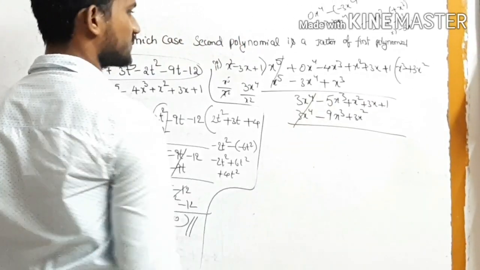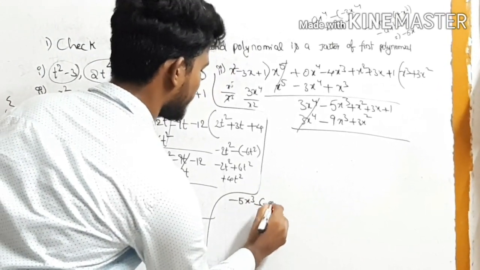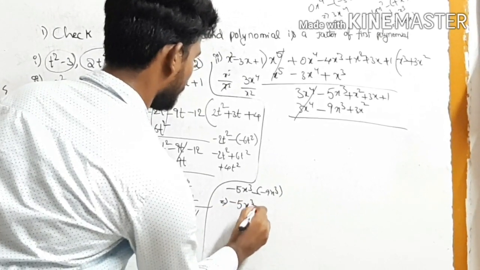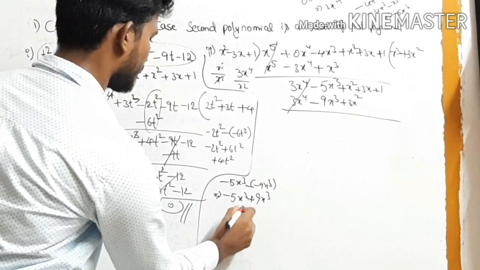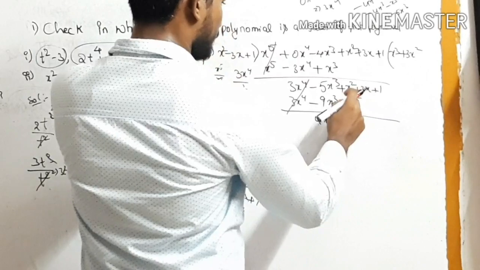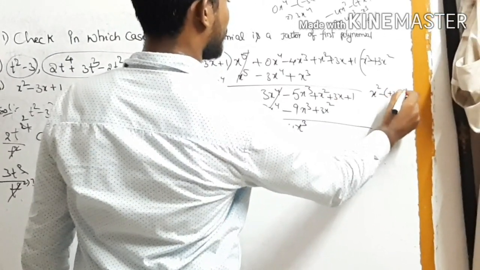This one cancels. Minus 5x cube minus of minus 9x cube, this one is minus 5x cube plus 9x cube. 9 minus 5, that is 4x cube. This one, 4x cube.